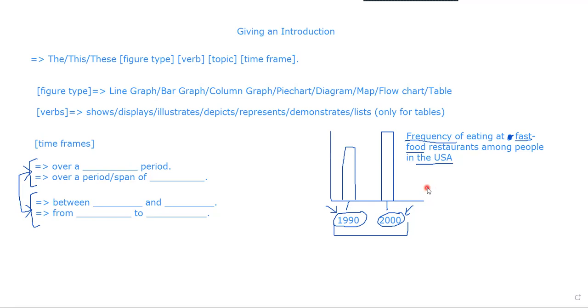Make another correction in your introduction. The figure type would not be bar diagram. Bar graph or bar chart, because a diagram is a completely separate figure type. If the word graph is said in the question, then you change it to chart.